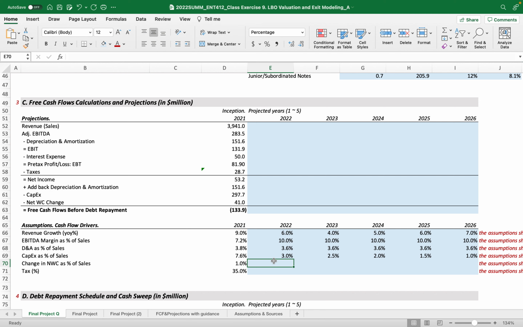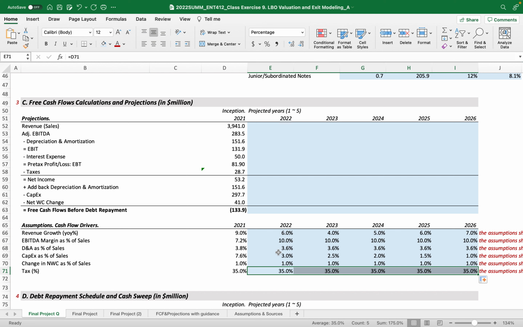And then the change in net operating working capital I put at just 1%, because I think this amount is the minimum working capital for the operation. And then the tax amount is 35%, the same every year.